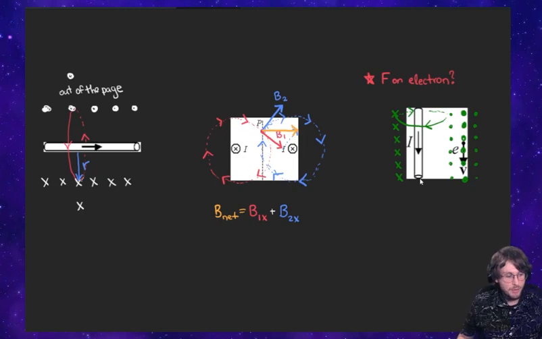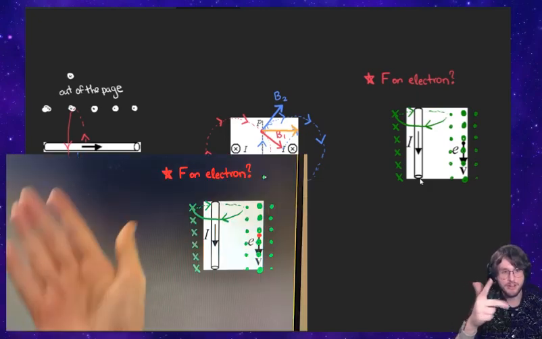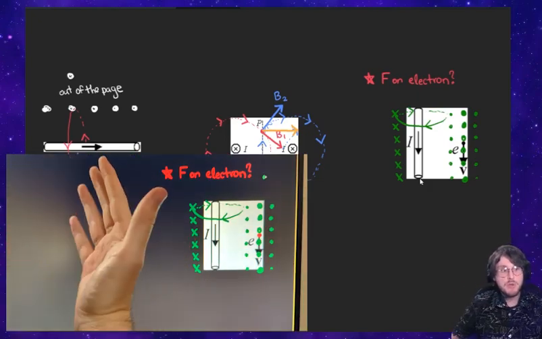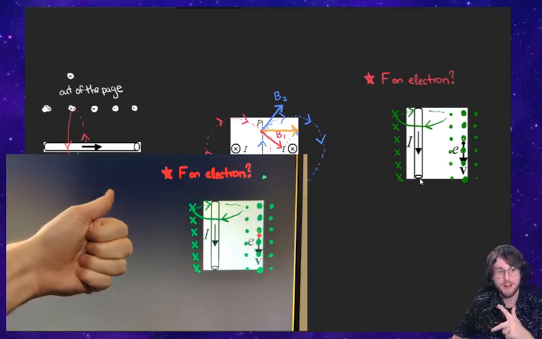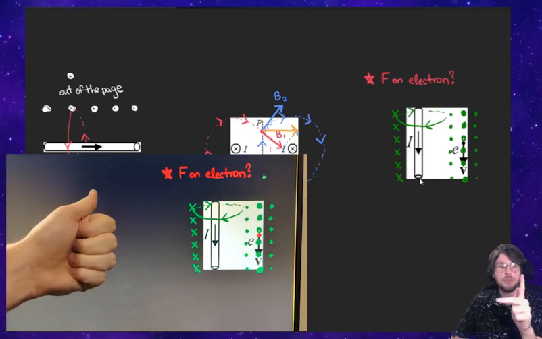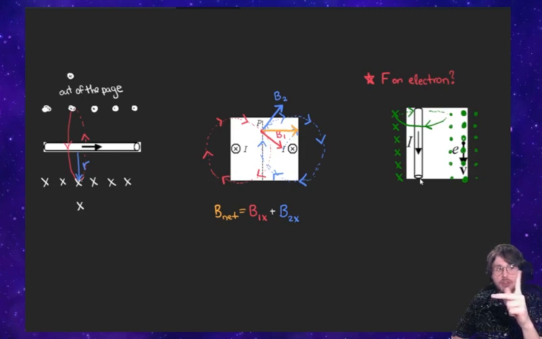Recall that with our right-hand rules from the last video, you use your right hand if you're looking for positive charges or currents in wires, but you use your left hand if you're working with negative charges, which we are here. So with your left hand out, again, our index finger is the direction of the velocity of those charges. Your middle finger is the direction of the magnetic field, and the thumb will then point in the direction that the electron is going in.